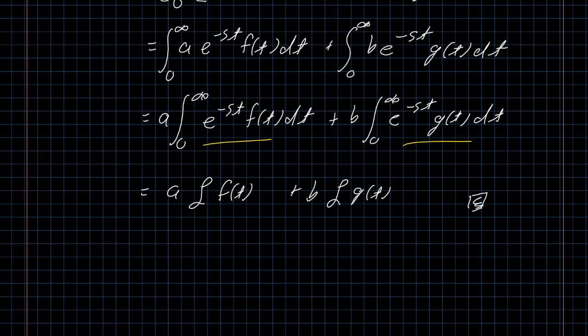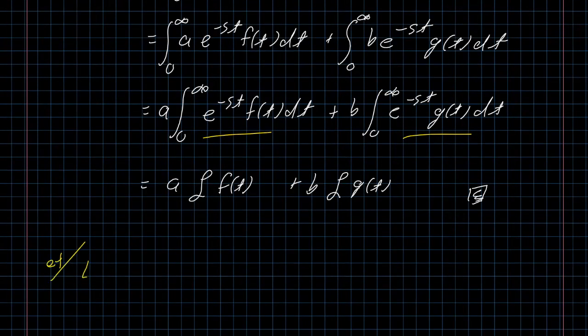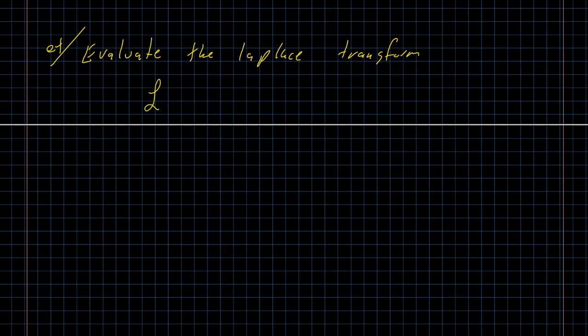So this is why having that table of Laplace transforms is valuable. Because if I want to evaluate a Laplace transform of something that's a little bit messy, like say I want the Laplace transform of 3e to the 4t minus 2t plus sine of t.